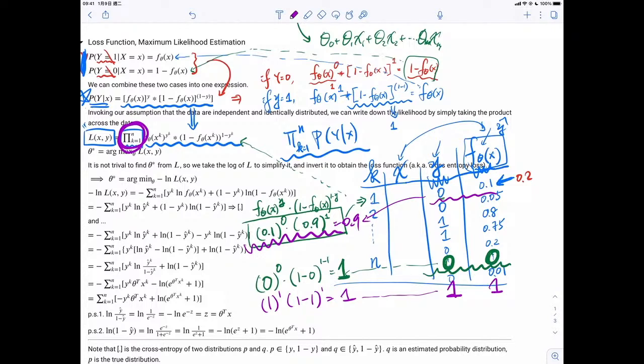So that is a more aggressive way to drive your model to adjust your parameters, so that all the values of y hat would be very, very close to 0 or very, very close to 1, so that when you do the likelihood calculation, it will be close to 1.